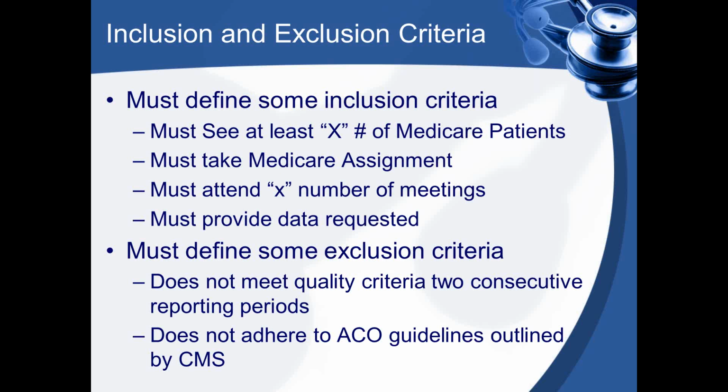Now, again, here's some examples that some of the groups I've worked with have used. You have to see at least X number of Medicare patients. You don't want somebody just doing research or administrative and not being involved in practice sometimes to be someone that's making these decisions. A lot of groups make you take Medicare assignment.